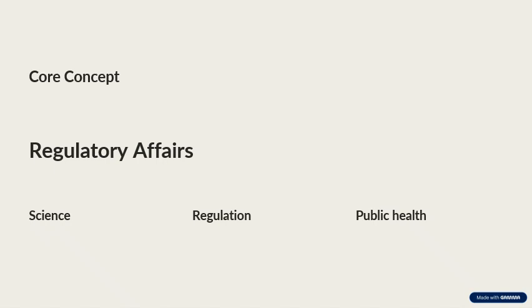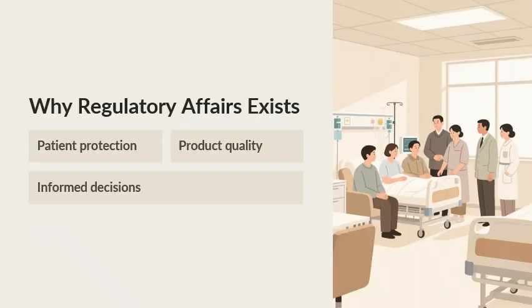A simple way to think about it is this. Regulatory affairs helps translate scientific work into a form that regulators can evaluate and trust. To understand why this role matters, we need to look at why regulatory affairs exist in the first place.